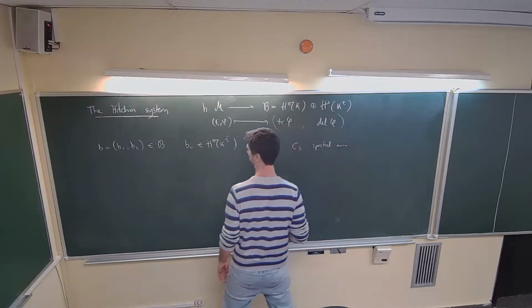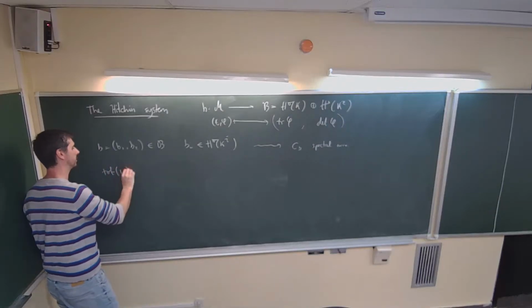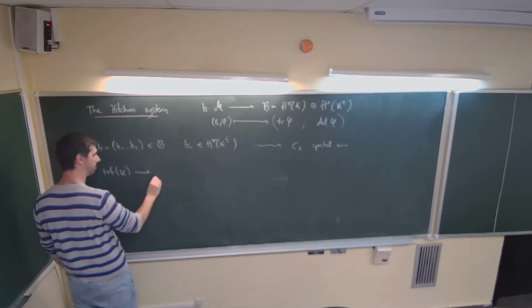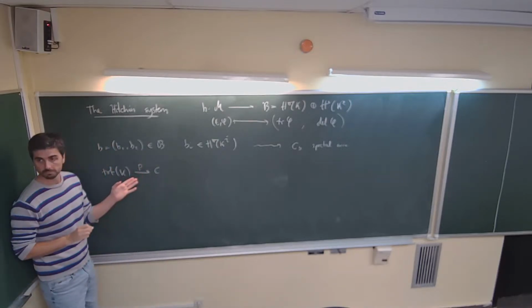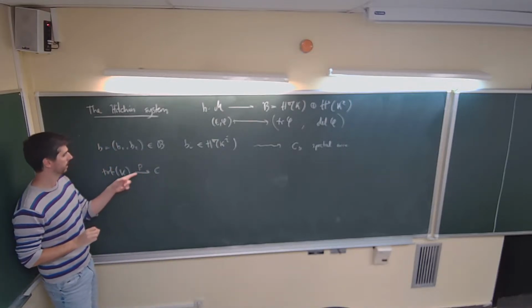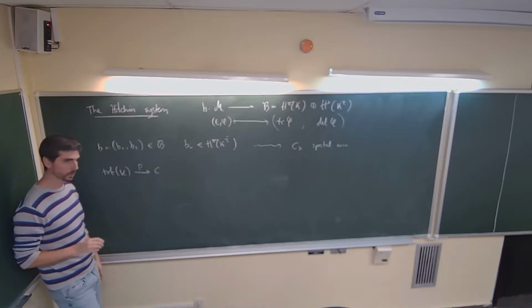How? Well, we consider the total space of the canonical bundle, which comes naturally equipped with a morphism to our curve, or smooth projective curve, in this case of genus 2.